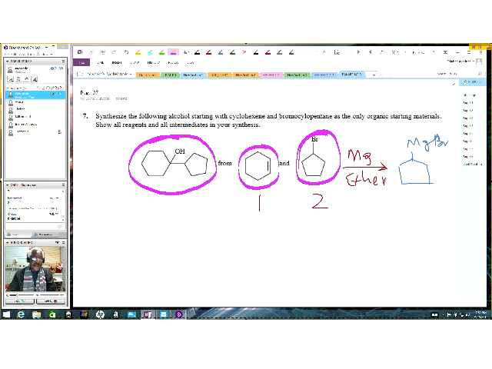A ketone. Excellent. We are going to have to react this Grignard with a ketone, which is to say that molecule 1 here, which is cyclohexene, must be converted to a ketone. Do you follow that so far? If you do, give me a happy face. Which means that this molecule must be converted to a ketone.